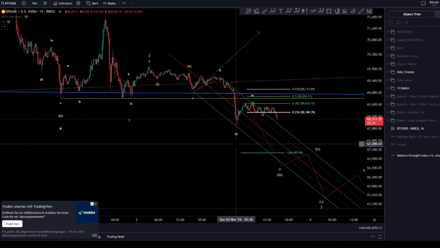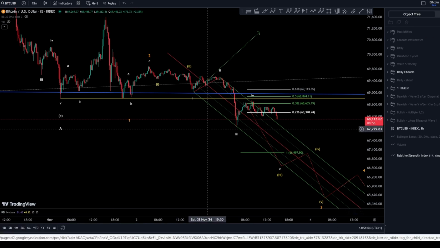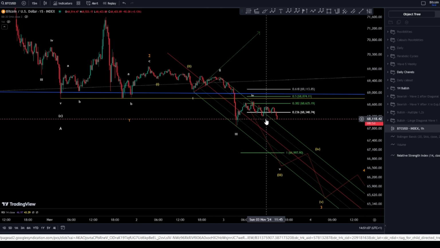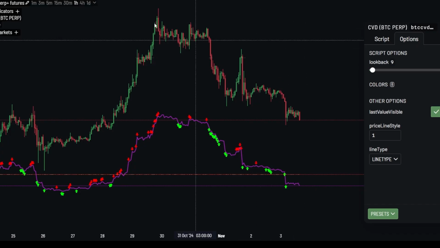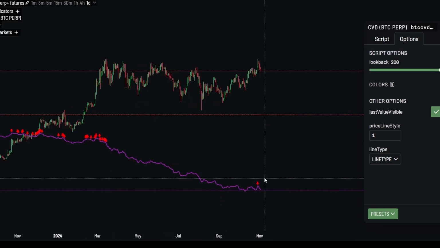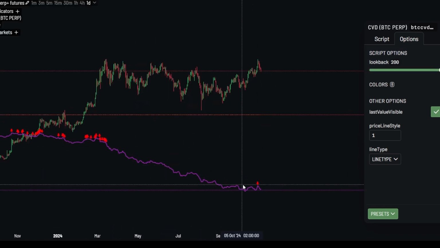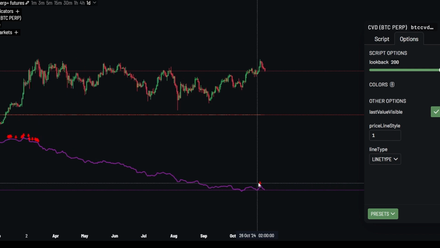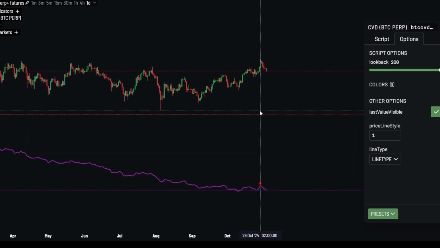So let's dive deep into the indicators and see what the indicators say. Starting with my indicator here on the daily chart, we can see that the highest or strongest bearish signal has appeared exactly on the top.